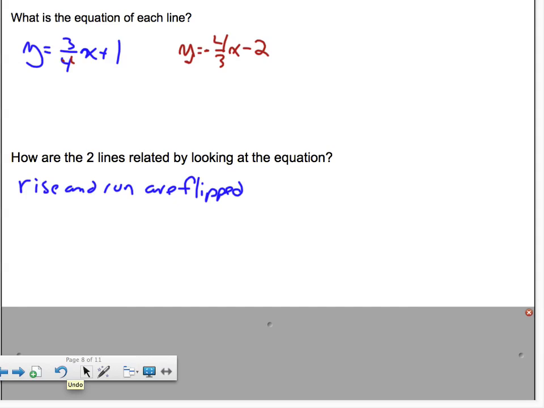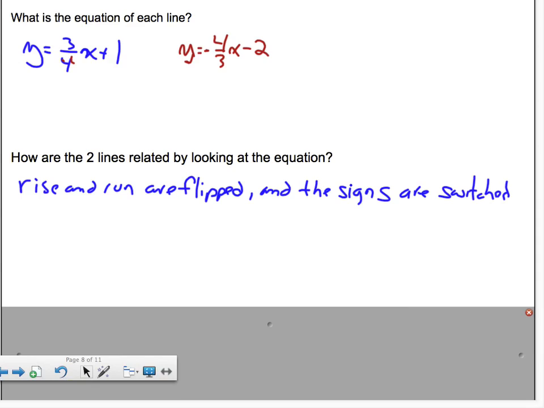Yeah, and the signs are switched. Well, I liked how rise and run are flipped. How can we describe that another way, just by looking at the numbers?